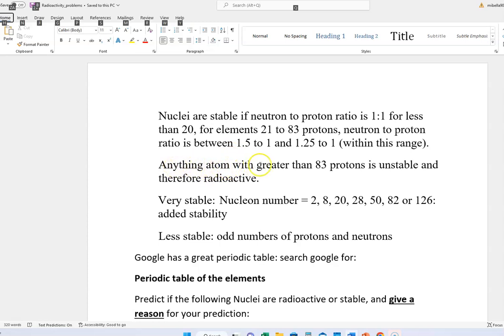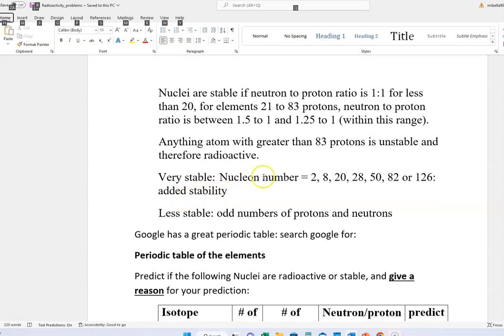Here's a couple of other things. Atoms with any atomic number, or number of protons, greater than 83 are automatically unstable, or automatically radioactive. Sometimes these are called the magic numbers in nuclear physics. If the nucleon number, meaning the number of protons or the number of neutrons, is 2 or 8 or any of these numbers right here, that adds stability.